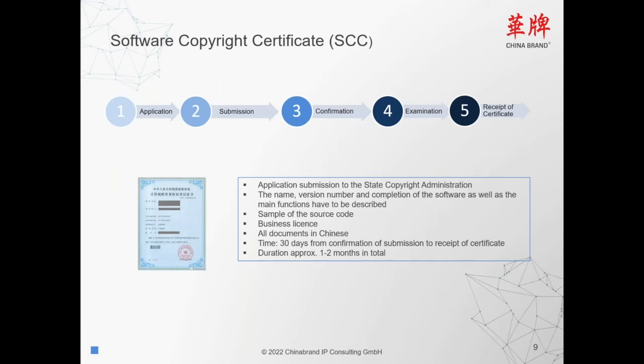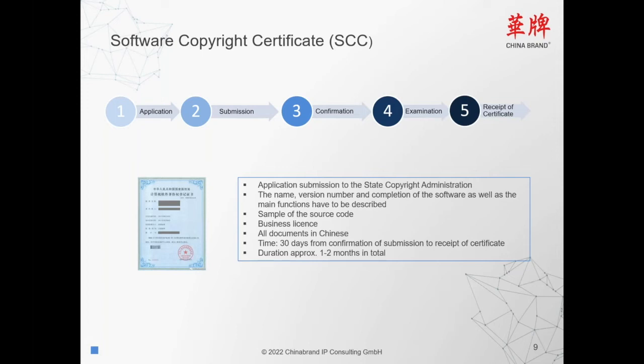The responsible Chinese authority for this process is the State Copyright Administration. Here you can fill out an application for an online registration. Among other things, the name, the version number, the time of completion of the software, and the main functions must be specified. In addition, a sample of the source code and a business license is required.